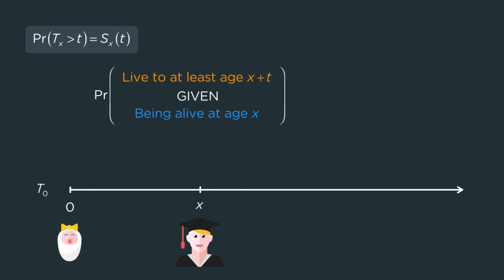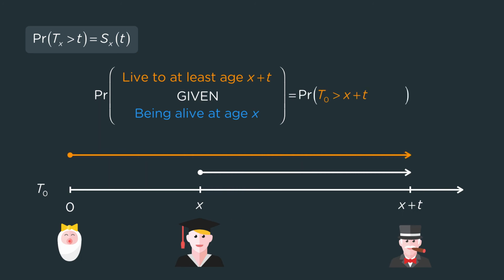We still want the probability to survive t years from x, which means surviving to age x plus t. That means we want the probability T sub 0 exceeds x plus t. Notice this captures the correct age we want to survive to, age x plus t. Since we assume you survived age x, add the conditional requirement that T sub 0 must exceed x.